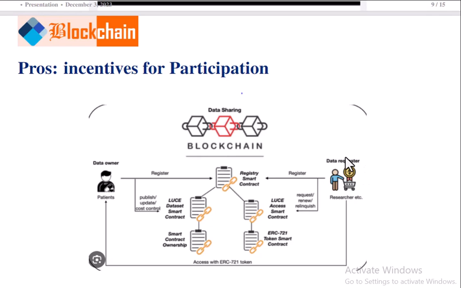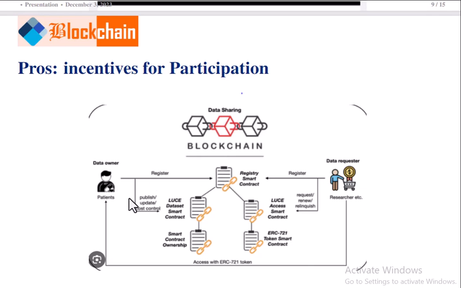Anyone who requests some data will register a request, and that request will be registered as a smart contract and shared.